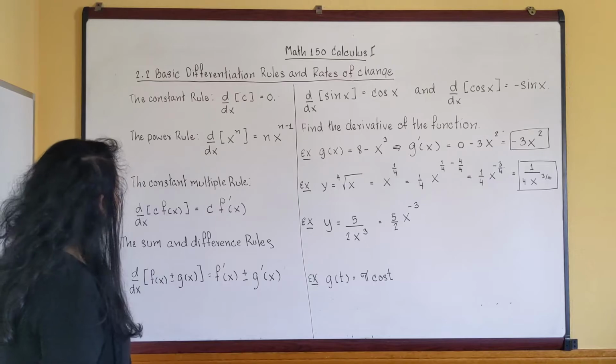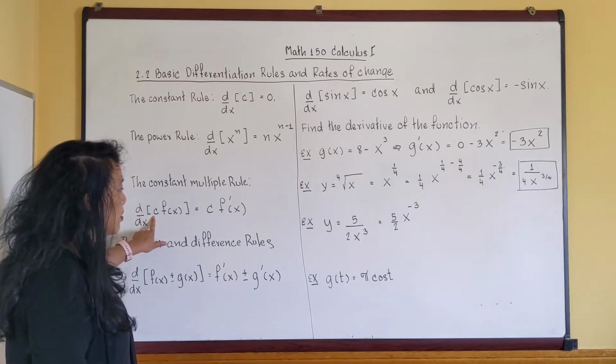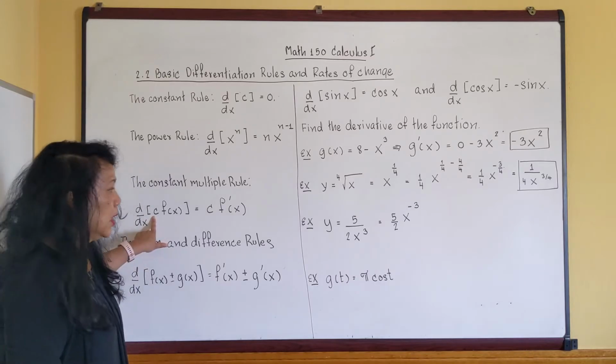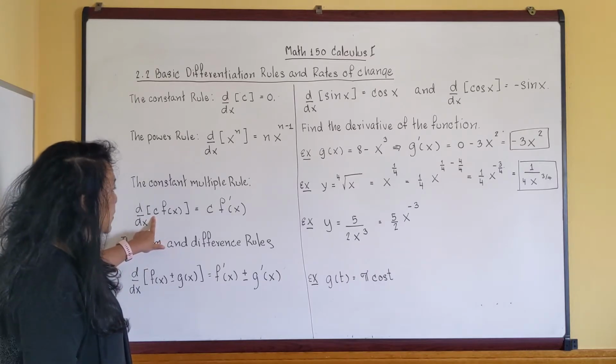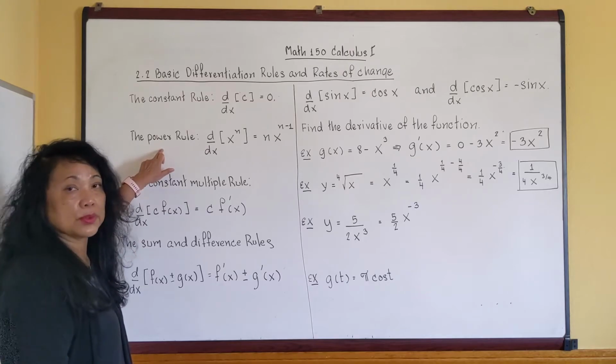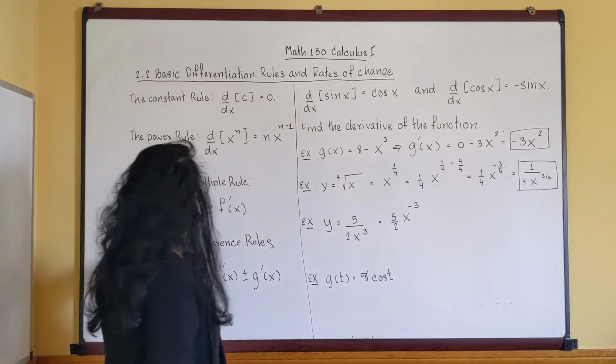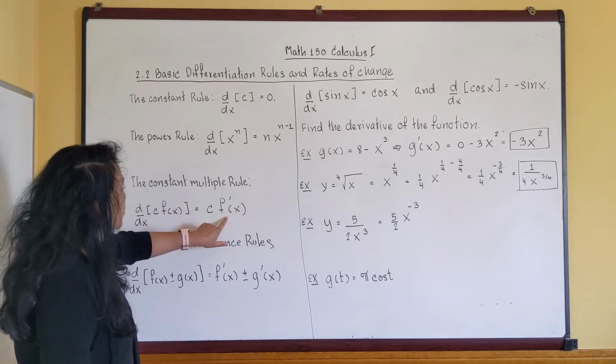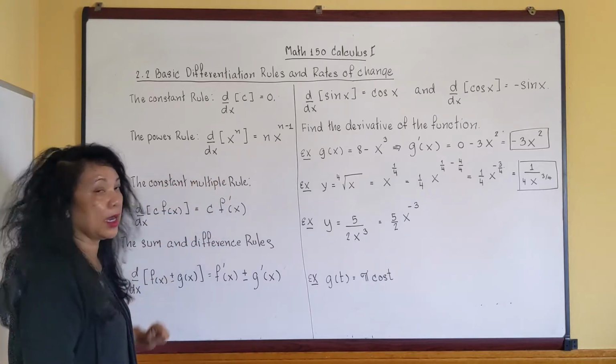Now I'm going to use the constant multiple rule. So I'm going to leave the 5/2 alone. Now for x to the negative 3, I'm going to use the power rule.